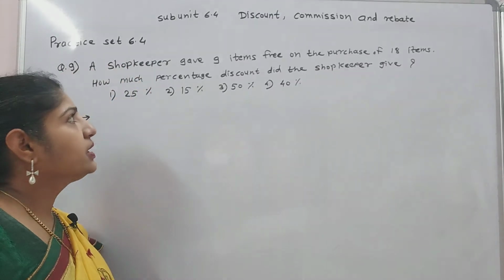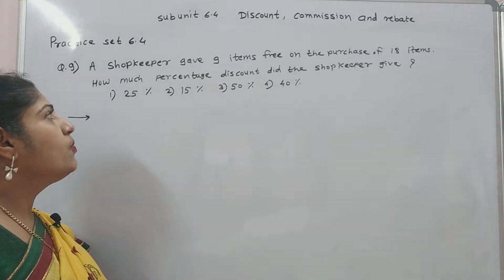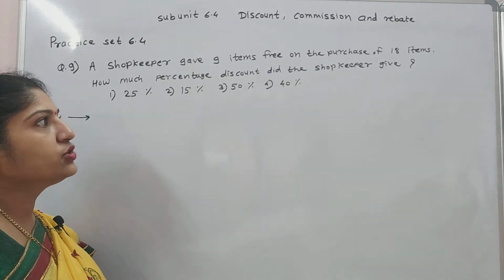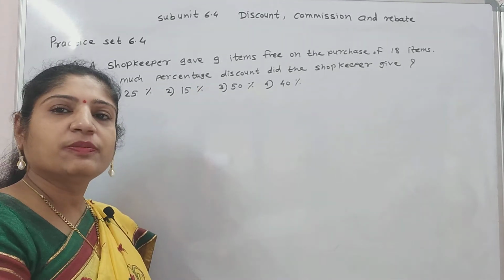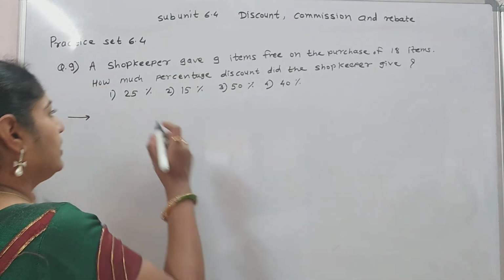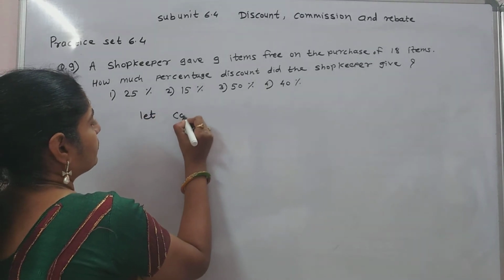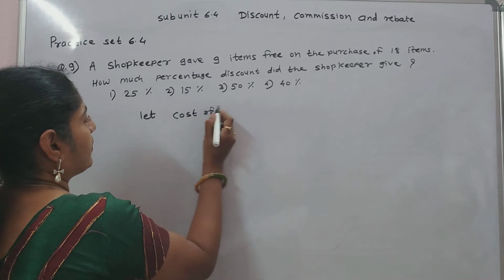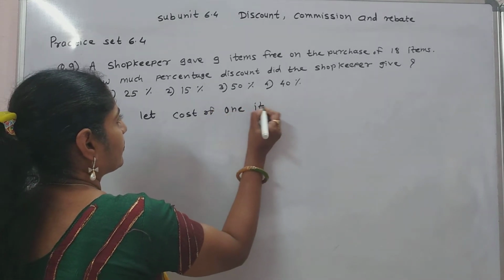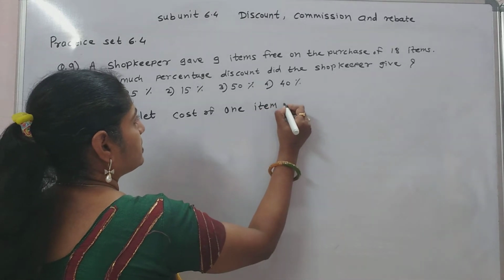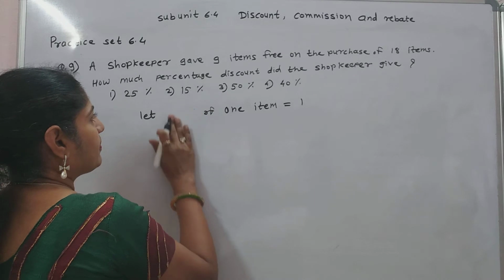A shopkeeper gave 9 items free on the purchase of 18 items. How much percentage discount did the shopkeeper give? 18's half is 9, that is 50%. Let the cost of one item be 1 rupee, or mark price.